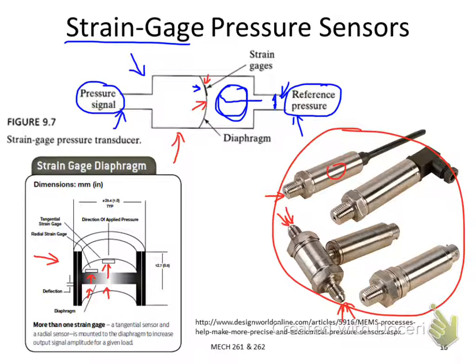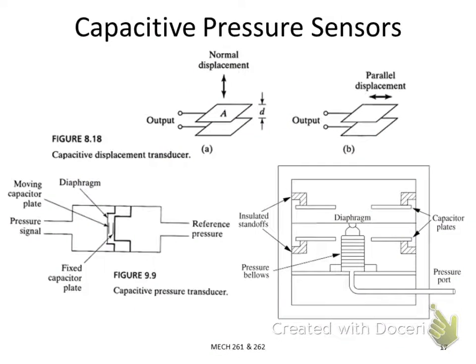And besides strain gauge pressure sensors, we also have other types of pressure sensors. For instance, you can have a capacitive sensor. Capacitive sensors you have seen in the motion sensor part. So what is the principle of the capacitive sensor? Basically, you have a parallel plate here, and one of the plates is fixed, the other one is suspended.